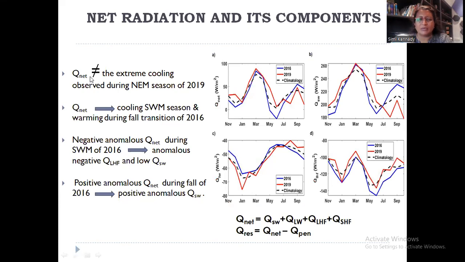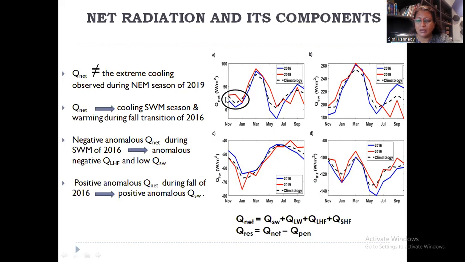The larger contribution for the SST is coming from the net heat flux, and here you can see the net heat flux terms in the first graph, and the various components like shortwave in the second, longwave in the third, and the latent heat flux in the fourth picture. You can see that in 2016 the northeast monsoon season was supporting an intense cooling, but not that much cooling is observed in SST in the 2016 northeast monsoon season.